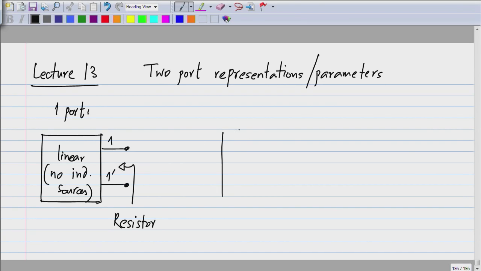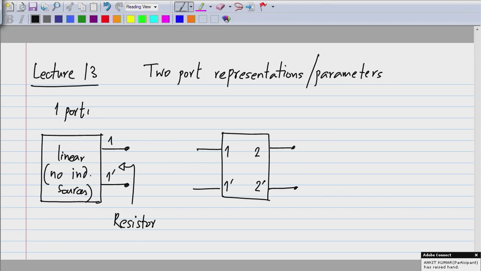Let's say this is a single terminal pair, 1 prime. And when we have two terminal pairs, we have to relate V1, I1 to V2, I2.